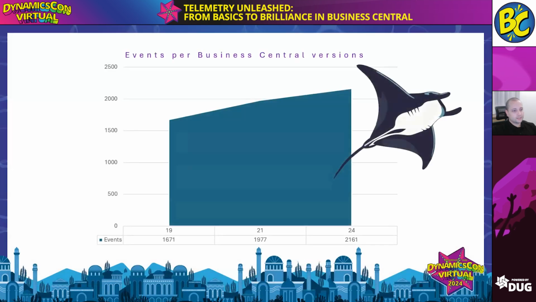As Business Central evolves, so does the volume of telemetry events generated. In this slide, we can see the graph comparing versions. We have seen a steady increase. Starting from BC 19, we had around 1,670 events.